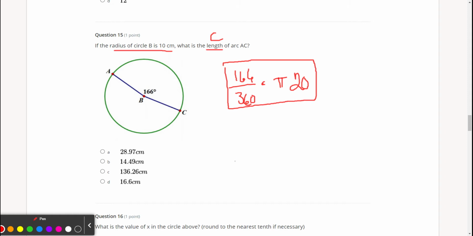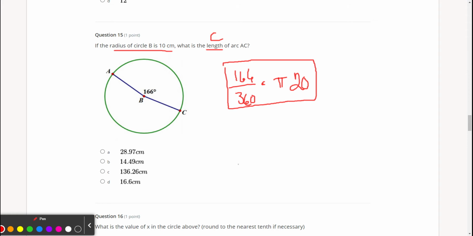Not 2 pi r squared, 2 pi r. So would it be 28.97, or 16.6? Which one is it? Discuss.